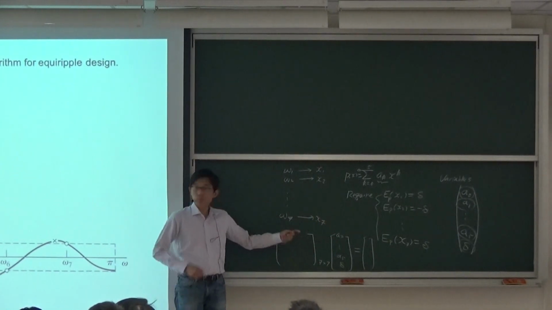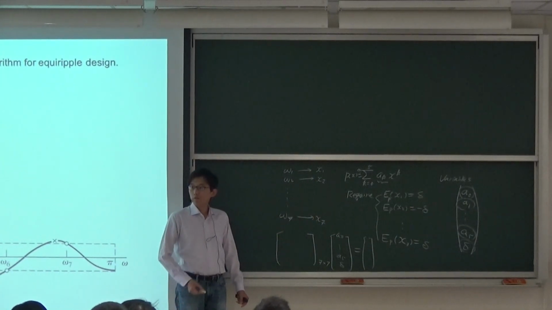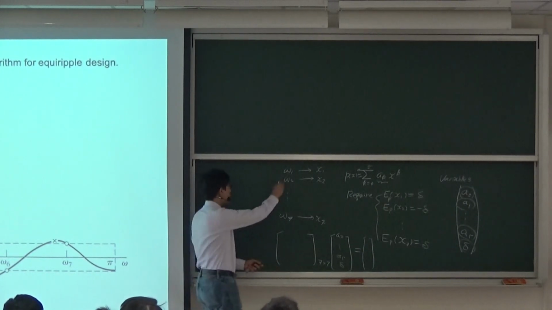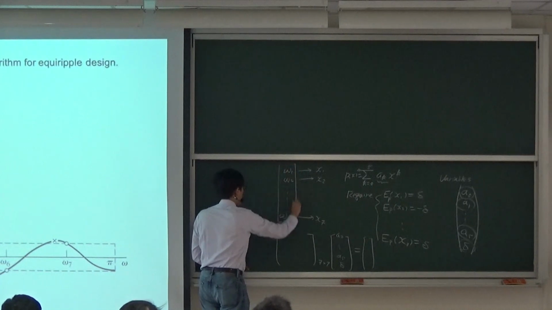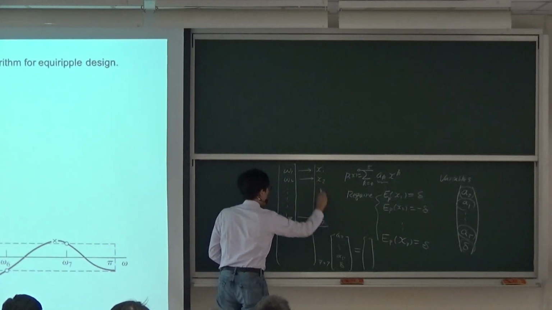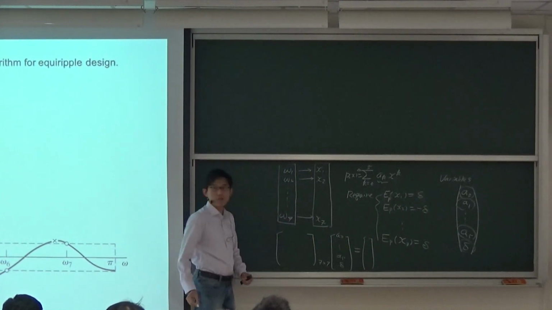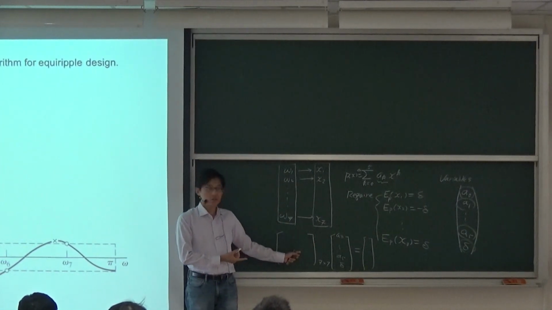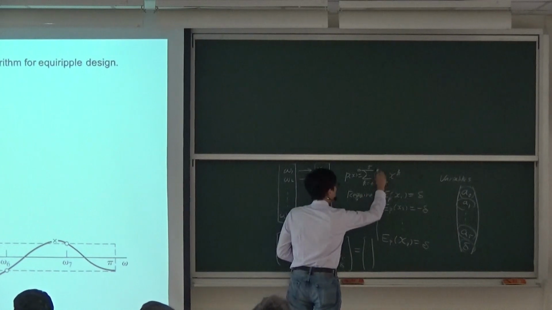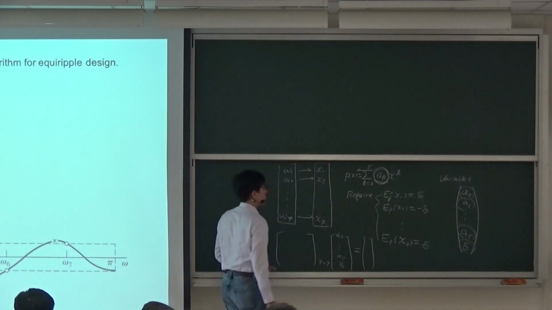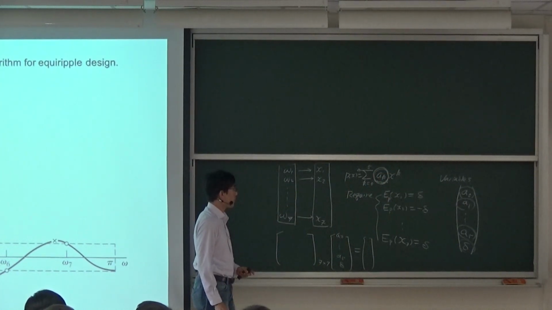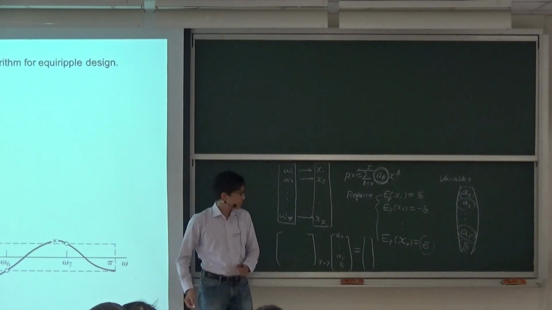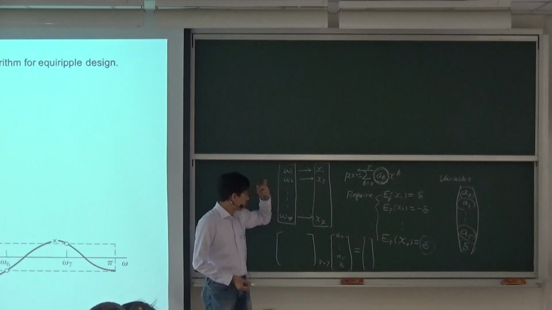So that's how, at least in principle, for the first round, we begin by guessing the alternation frequencies, which all have corresponding alternation locations in the x domain. Then we can write down the system of equations and solve for this polynomial as well as the height of the ripple. But wait a moment.